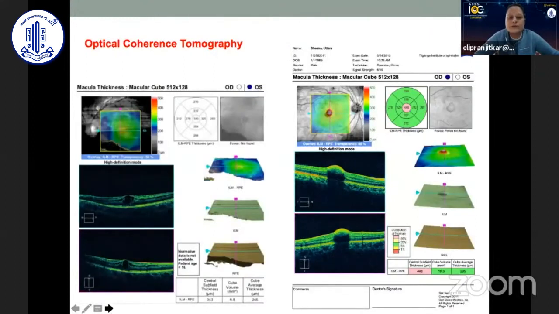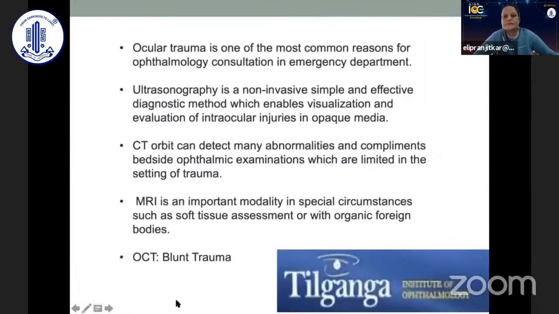So these are the pictures. The first one on the left side shows the cystic changes on the fovea following blunt trauma, and on the right side this is the hemorrhage at the foveal region with back shadowing exactly at the fovea because of the hemorrhage exactly at the macular region. This is because of the blunt trauma.